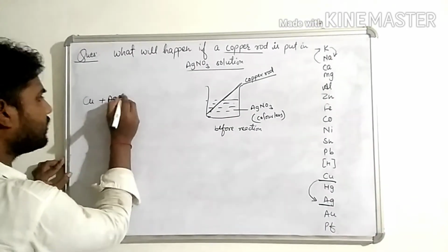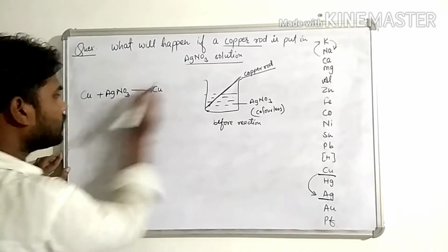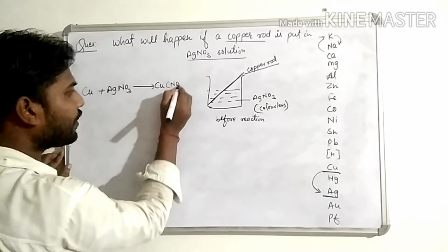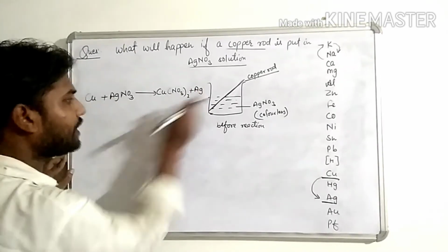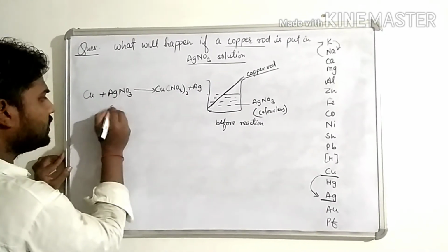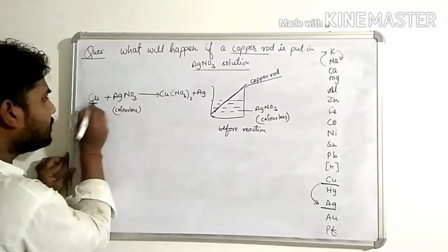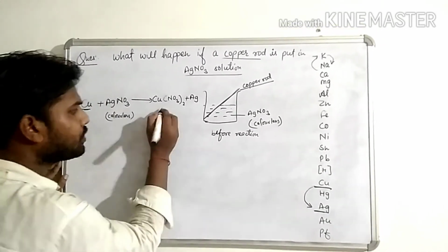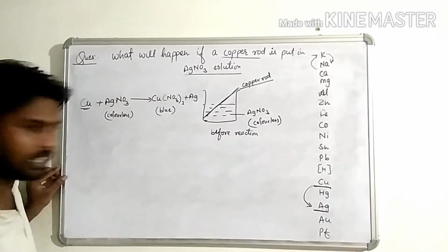Silver nitrate. So, copper displaces silver and forms copper nitrate, and Ag will separate. This is colorless, children. When it displaces silver and forms copper nitrate, the solution becomes blue in color. Clear?